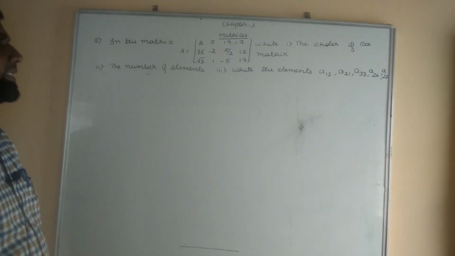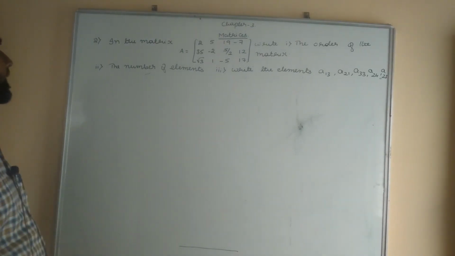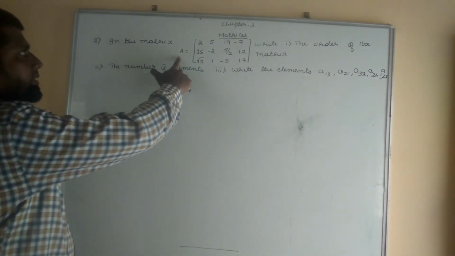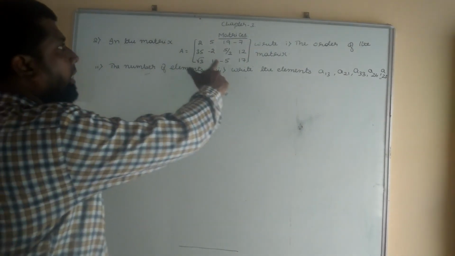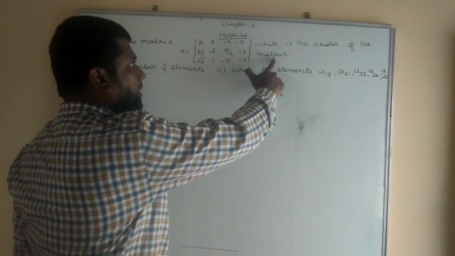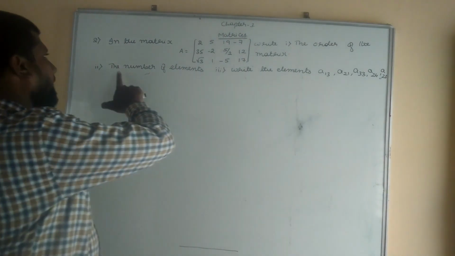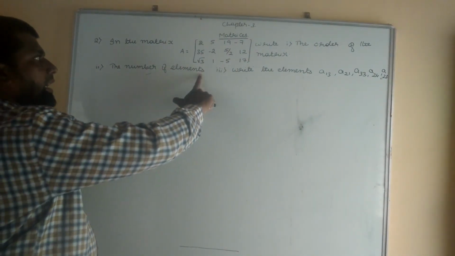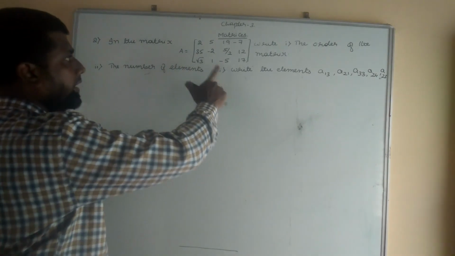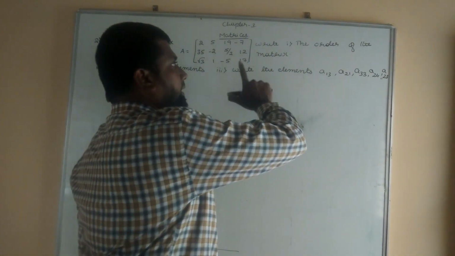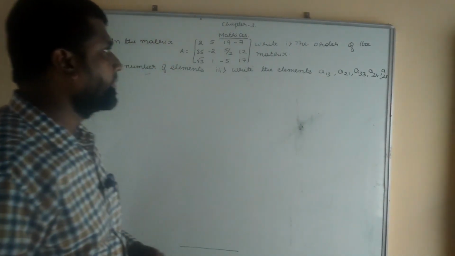Okay, let us solve the second problem, that is the matrix A. He has given the matrix A. In that we have to find the order of the matrix. Then second, the number of elements. How many elements are there in the above matrix? Write the elements present in the matrix.